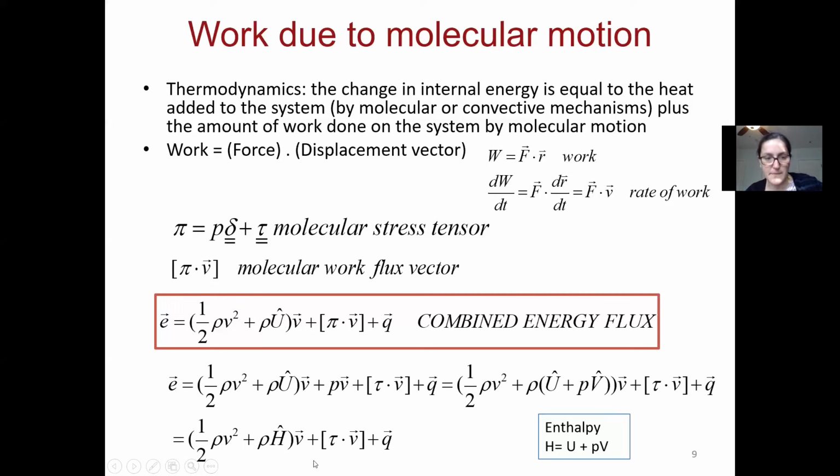So the pressure part just kind of jumped into here. Now this is easier to calculate. This is easier to conceptualize, because this is just the total energy carried in, and then the work of all of the molecular forces, and the Fourier heat flux. This is the one that's happening simply because of the differences in temperature, everything else being absent.